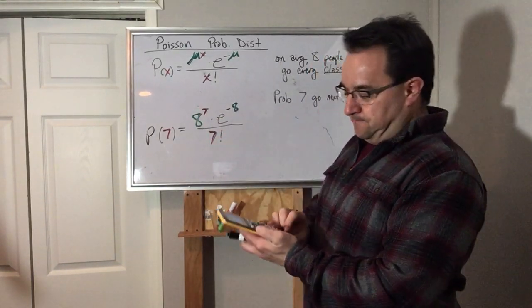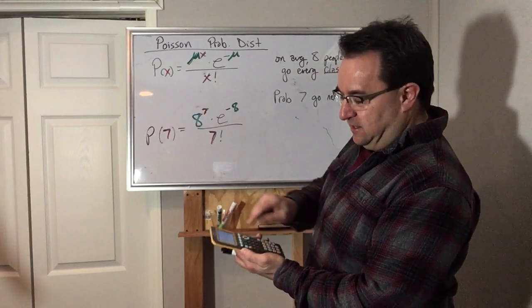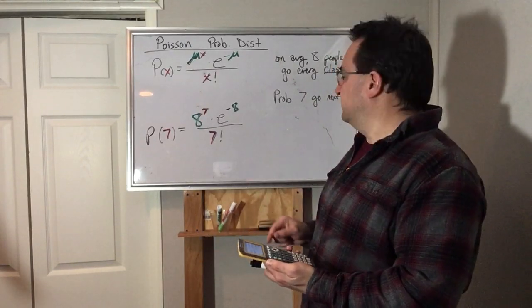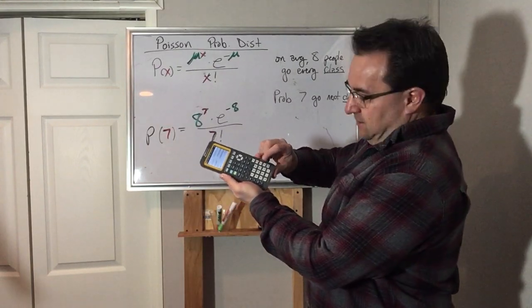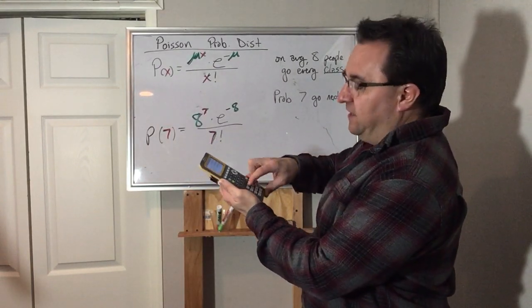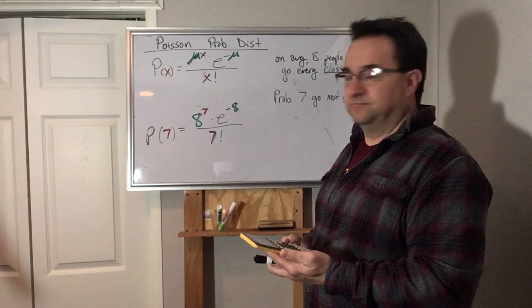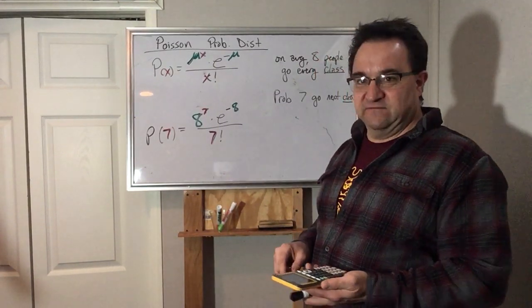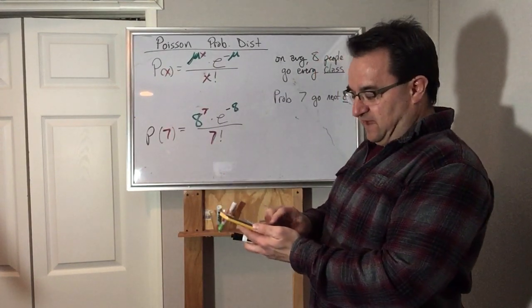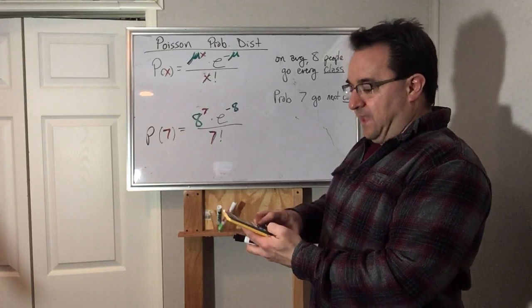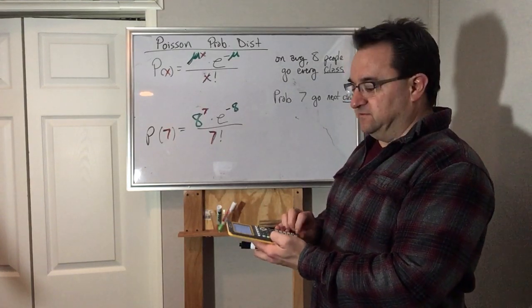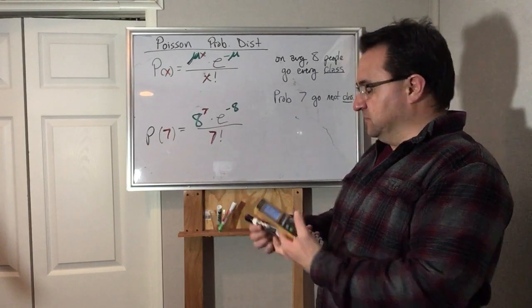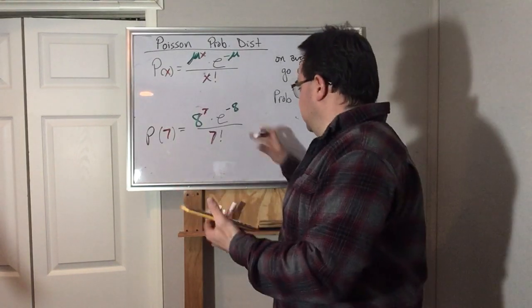So I'm going to press second ln, and on my screen it says e to the, and I'm going to type in -8, and press enter. Now I have to divide by 7 factorial, so I press divided by 7, math, go to probability, the factorial button is there, and I press enter.